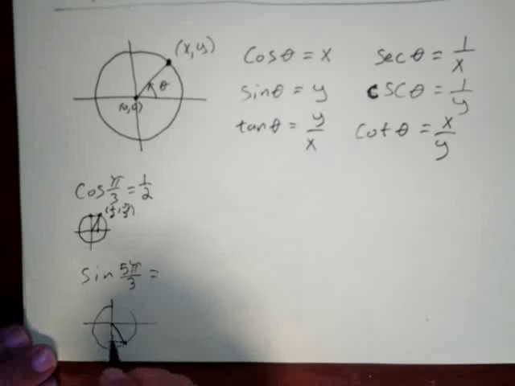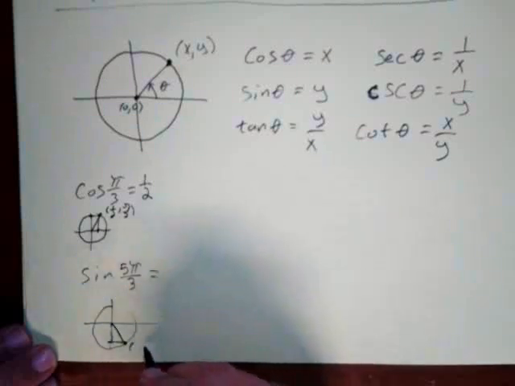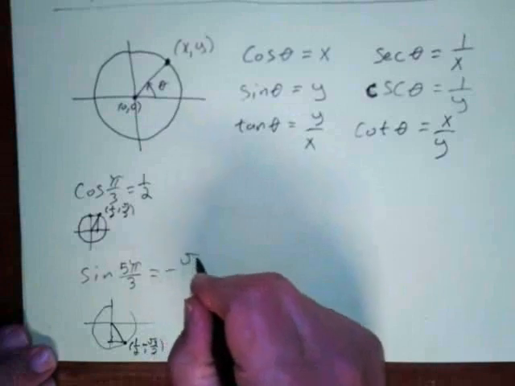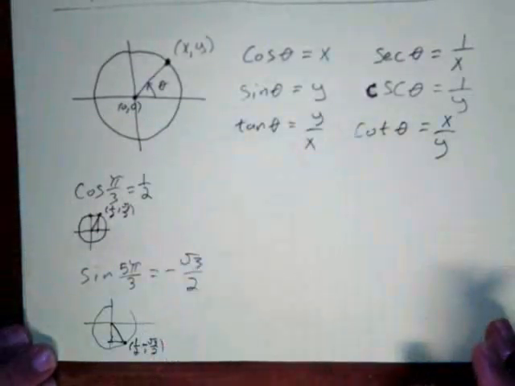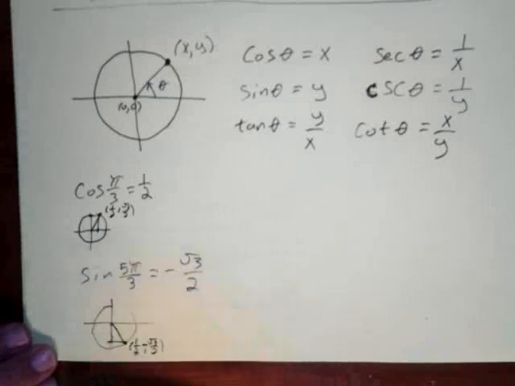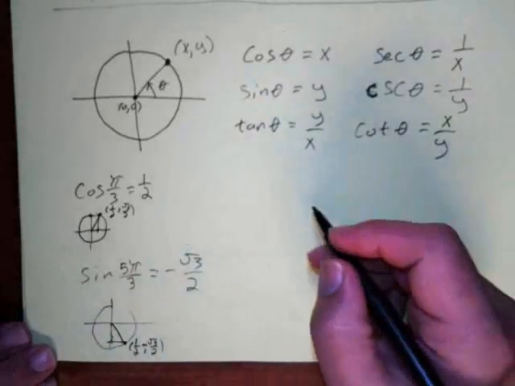And then when I move that over to my y-axis, the y-coordinate is negative square root of 3 over 2. The x-coordinate is a positive 1/2. So this would be negative square root of 3 over 2. So a little diagram like this can help quite a bit. It can help you evaluate these.